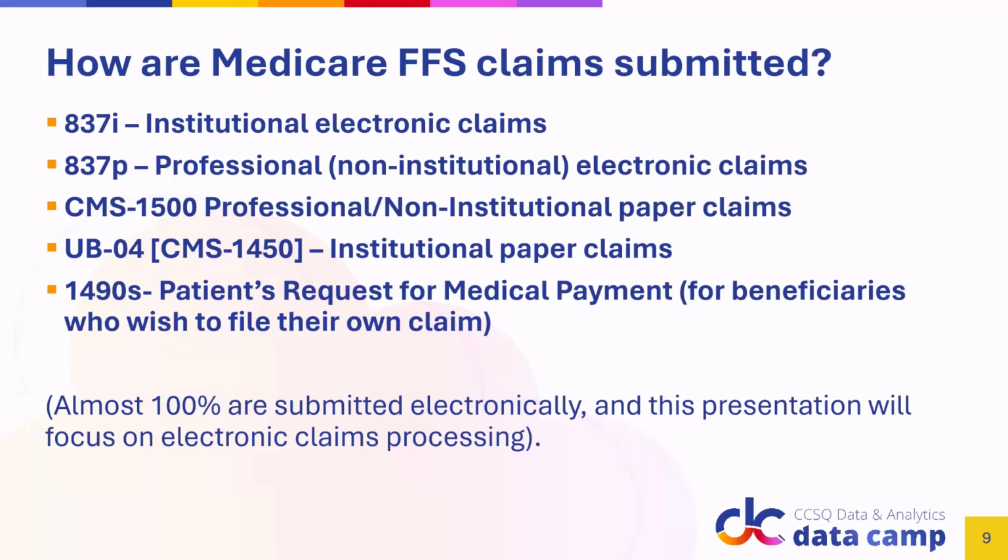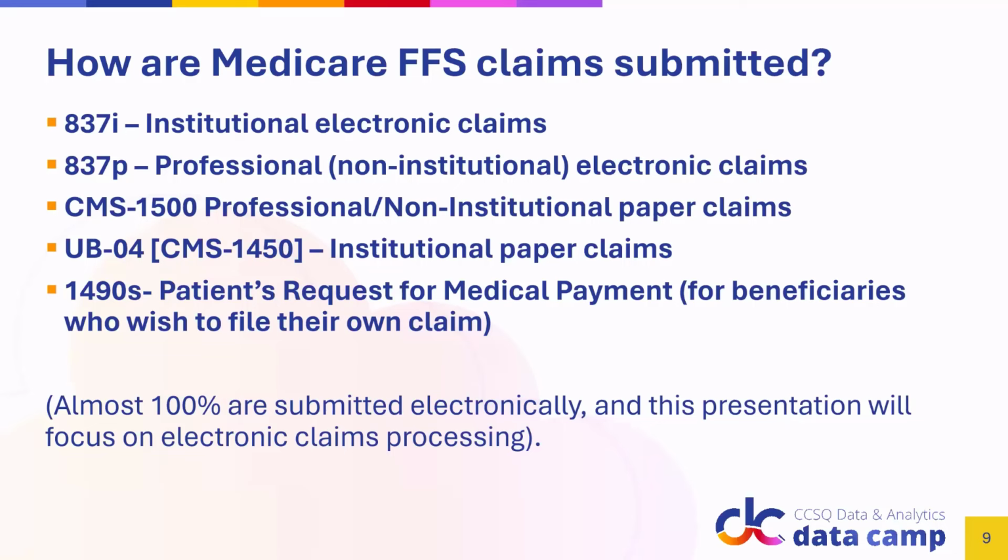And collectively, in fiscal year 2023, MACs processed more than 1.1 billion Medicare fee-for-service claims, comprised of approximately 192 million Part A claims and 950 million Part B claims, and collectively paid out approximately 431.5 billion in Medicare fee-for-service benefits.